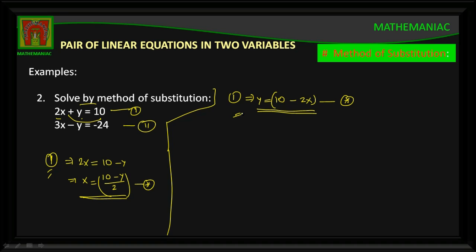Very obviously you can choose that this is the substitution which would be more preferable because it doesn't have fractions, right? So what I mean to say is that even if you have freedom to choose any one of the equations, any one of the variables to express, do it wisely so that you can avoid the fractions as far as possible. Always it may not be possible, but as and when it is possible, avoid it.